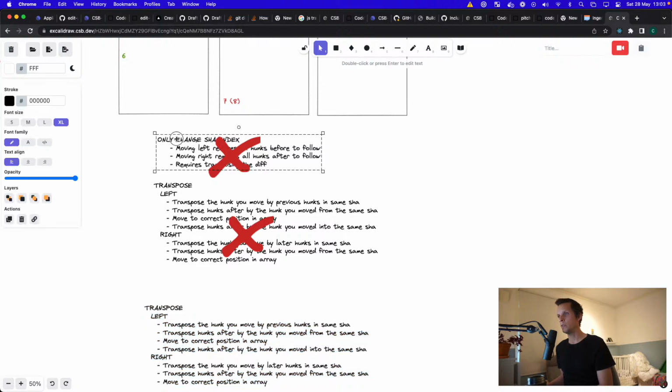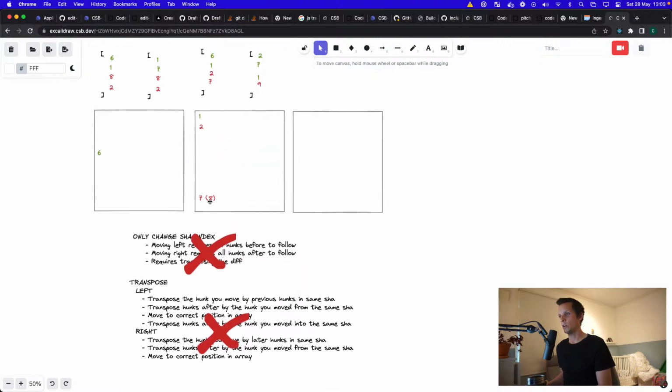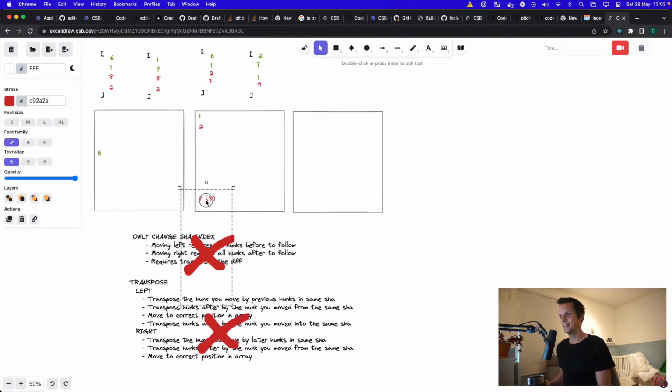It's only change SHA index. And evaluate. So the way this would work. Oh shit, can I make it... Why can't I? Oh my god, that's annoying. They have to be the same size. There we go.